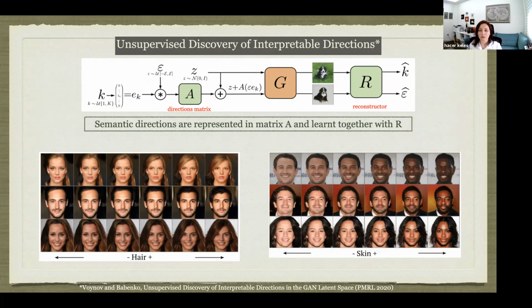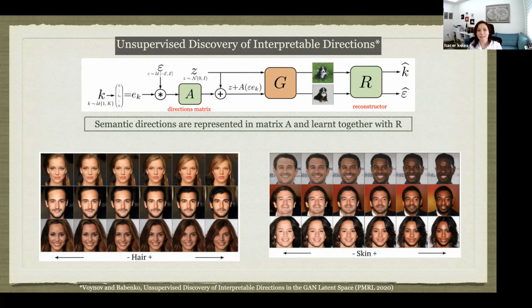They generate 2 images corresponding to the randomly sampled code and the modified transformed version. For the transformations, they use a matrix A and try to learn that matrix during training. I mean, it is trained, it is learned.